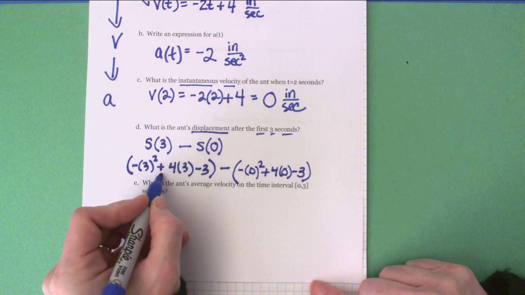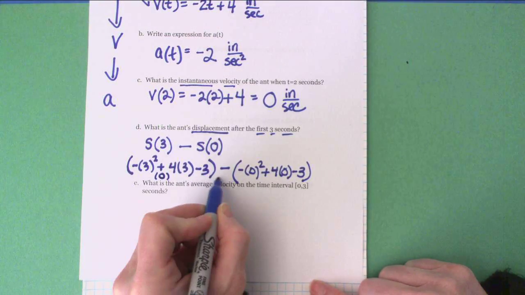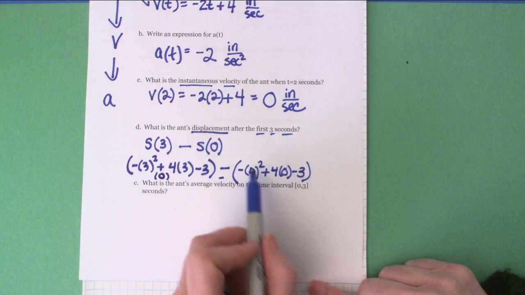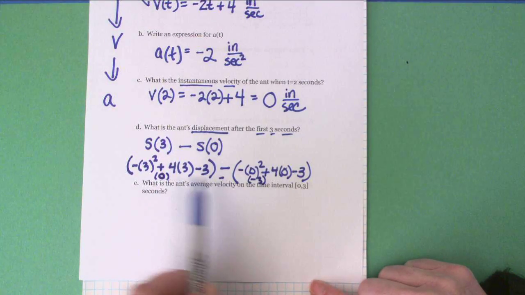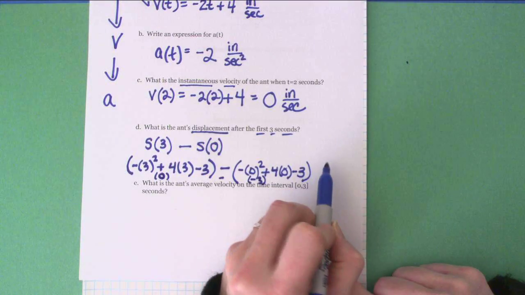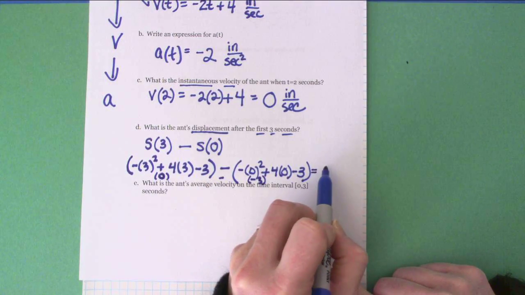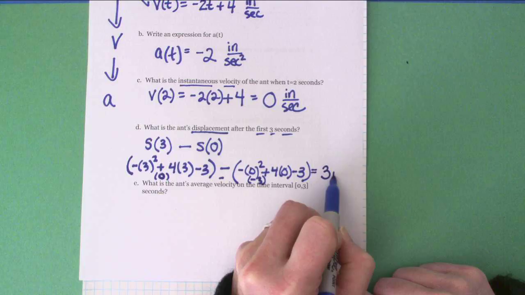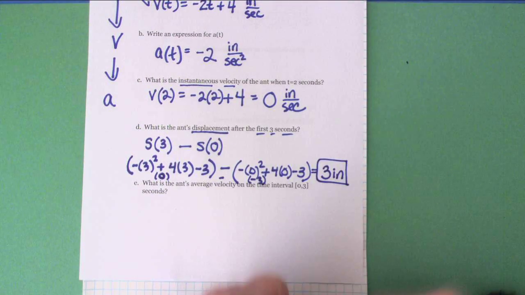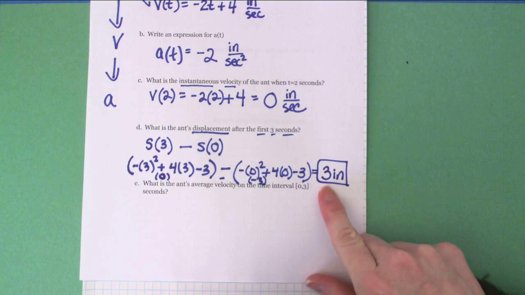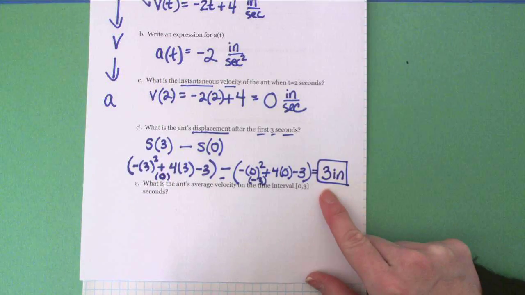So this right here is 0 minus, and this guy right here is going to be negative 3. So I have 0 minus negative 3, which is positive 3. So the final answer here is going to be 3 inches. So the ant's displacement is 3 inches. That means he's 3 inches farther along at 3 seconds than he was at 0 seconds.